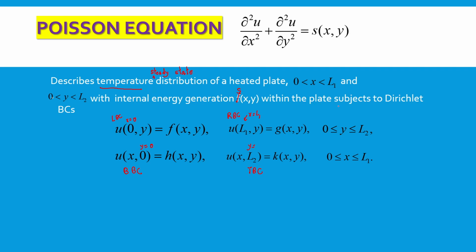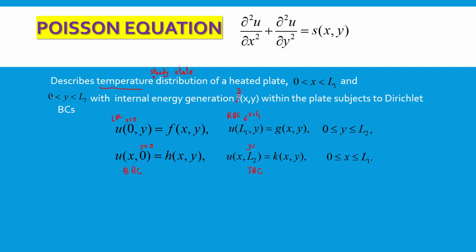Within the plate, subject to Dirichlet boundary conditions, which means it's not a derivative boundary condition, you have u(0,y) equal to f(x,y). This is x equal to 0 for all the y. So x equal to 0 is a vertical line, so it's a left boundary condition.